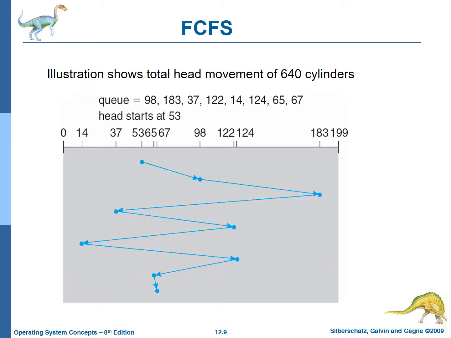FCFS, or first come first served. The illustration shows a total head movement of 640 cylinders with a queue of 98, 183, 37, 122, 14, 124, 65, and 67. The head starts at 53. The head moves in the given order of the queue.